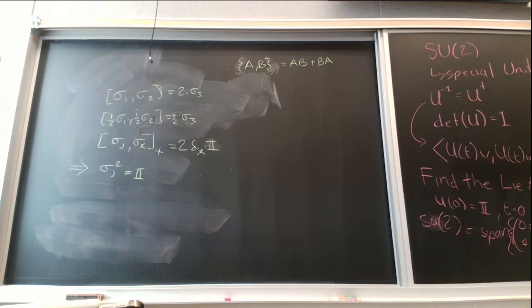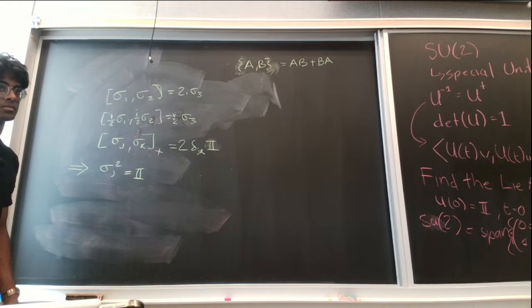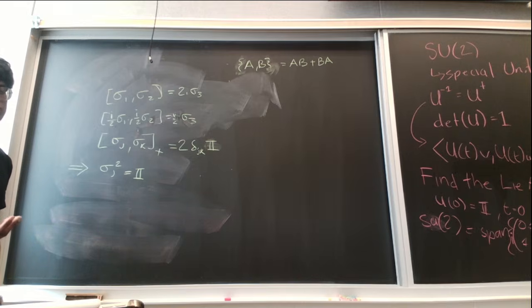Very often, especially in physics, people say whatever the Lie algebra is, there are certain basis vectors, and then they just tell you the commutation relations between all the basis vectors, and then they can figure out what the Lie group is from there, and that's usually enough.